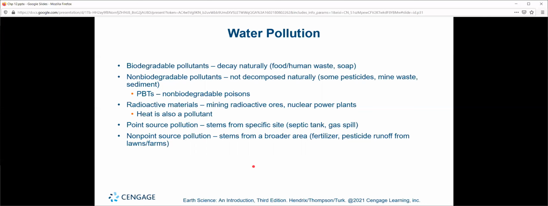Beyond non-biodegradable pollutants, we can go a step further, and we can say we have radioactive pollutants, radioactive materials that enter the water stream, such as the mine and waste from radioactive ores, nuclear power plants, things along those lines. The heat itself can be a pollutant.